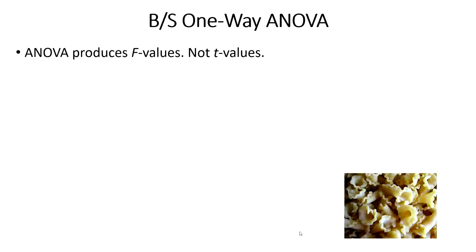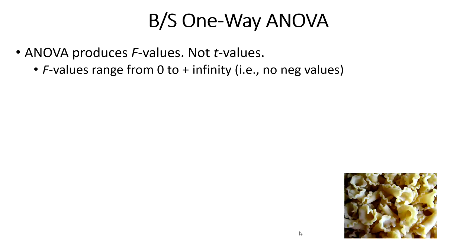For a t-test, we have, of course, t values. I don't know who decided that ANOVA would have F values and not like A values. But here we have F values. F values range from 0 to positive infinity. F values cannot be negative. If you get a negative F value in SPSS, something went terribly wrong.